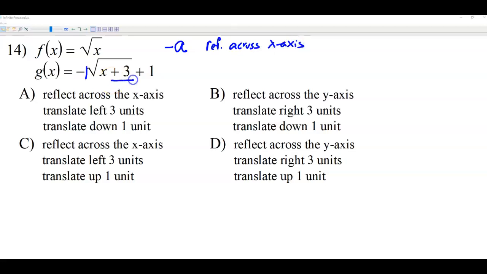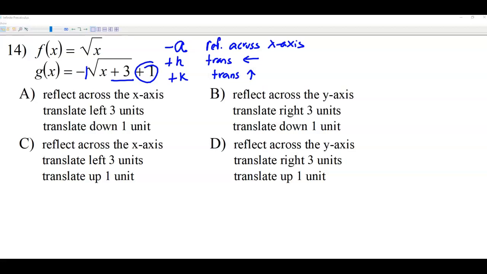Next, I'm noticing that my h value is positive, which means that we're translating to the left. And then finally, I notice that my k value is positive, which means that we're translating up. So that's what we're looking for here.